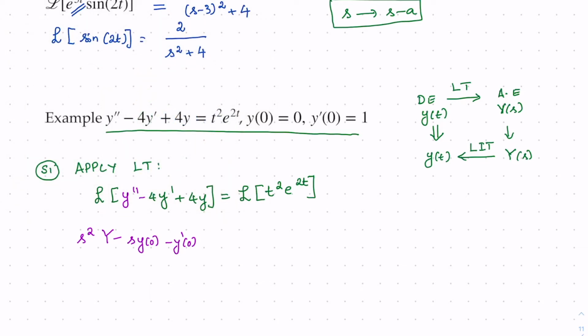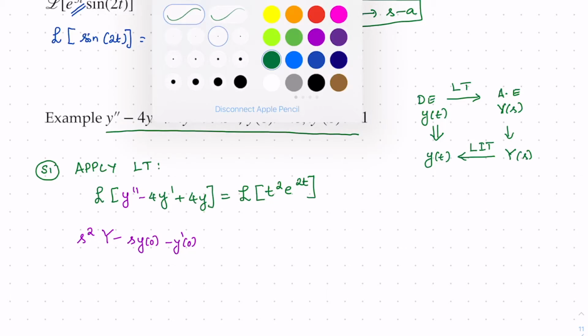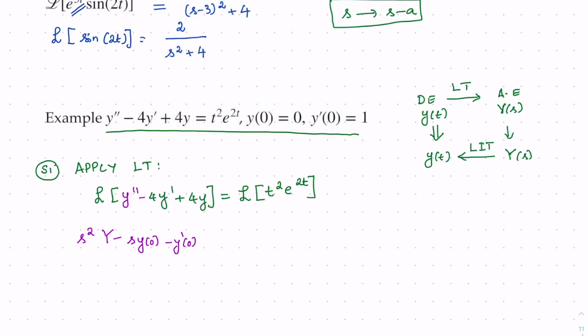The second one, if we apply the Laplace on the second one, let me use a different color, which is minus 4 times the y prime. If I use the Laplace on that one, this is going to be s times the cap Y minus y of 0, right?